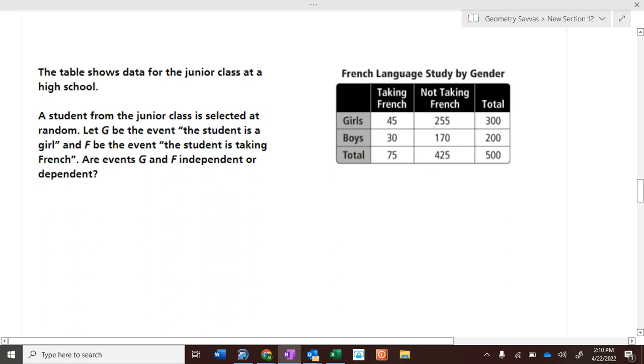So let's look at this one. Student is a girl, student's taking French. So the probability of a girl has to be equal to the probability of a girl given that she's in French class.